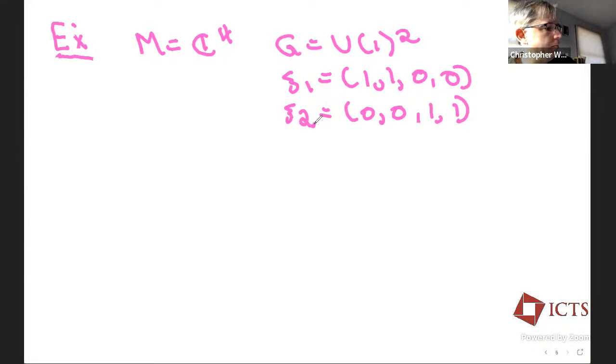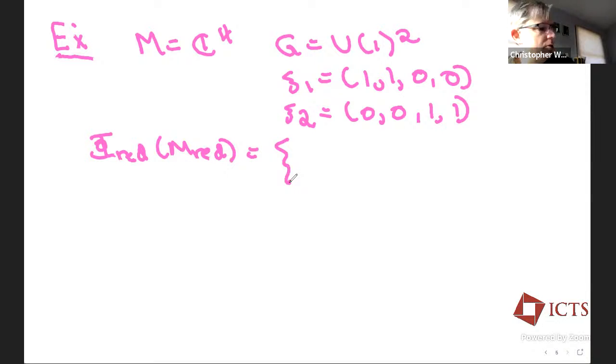Okay, so if I look at the moment polytope, I'm looking at two equations: lambda 1 plus lambda 2, let's set it to be, say, 1, it doesn't matter, and lambda 3 plus lambda 4 is equal to 1.